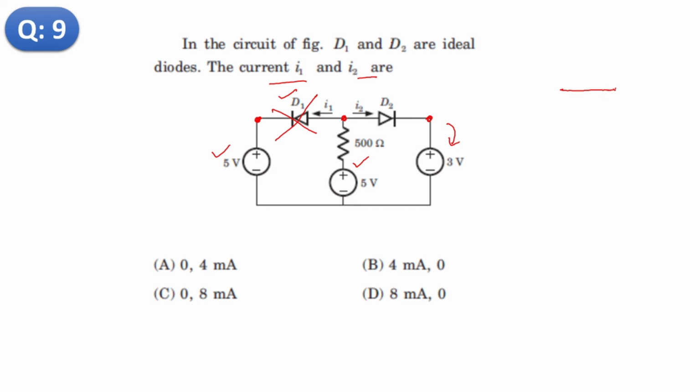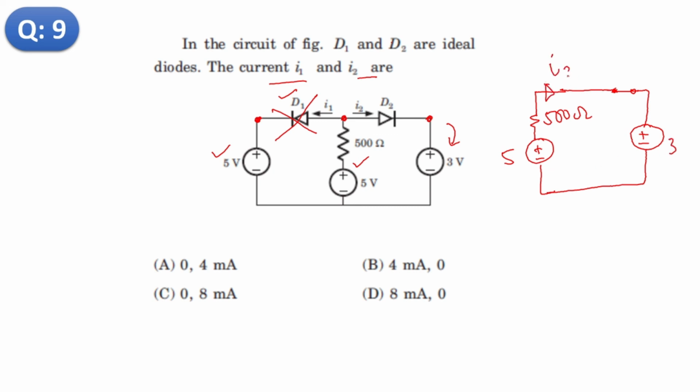D2 will conduct, so it will behave like a short circuit. Then a 3 volt battery here, and the 500 ohm resistor, and the 5 volt battery. So we can calculate this I2, and I2 is equal to (5 minus 3) divided by 500.